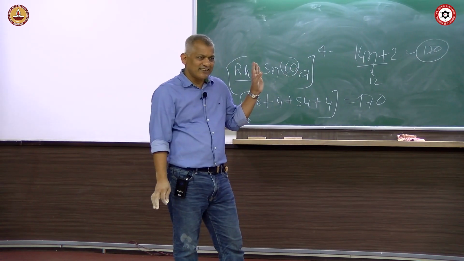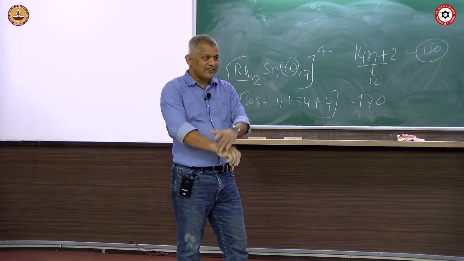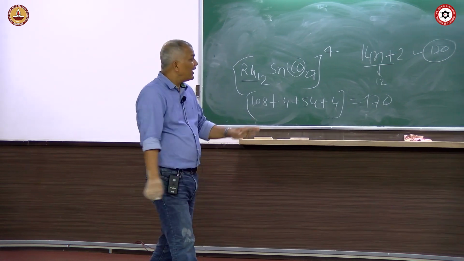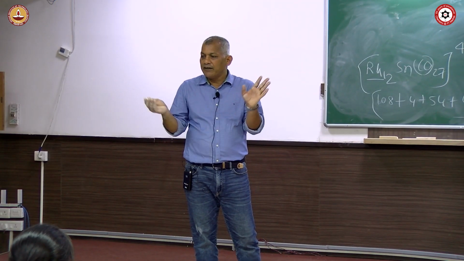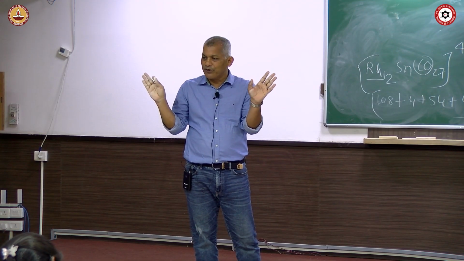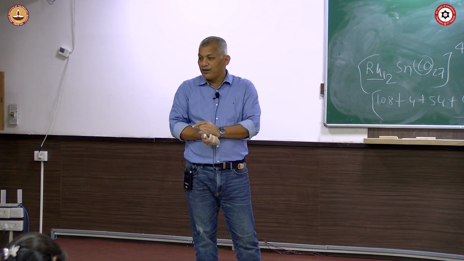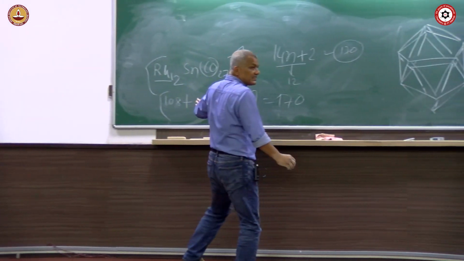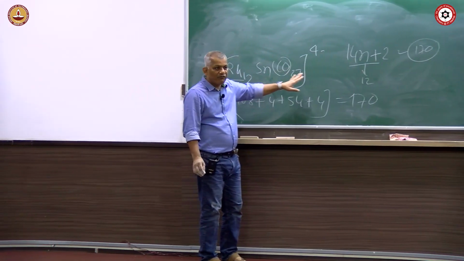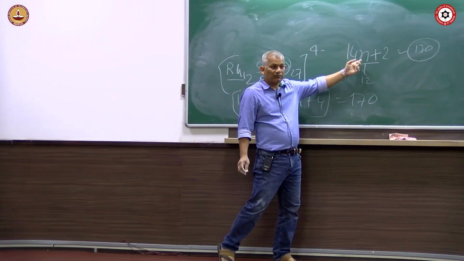I am doing it for last 30 years. So I can understand, probably if you practice you can do that. But this is one of the most symmetrical geometries. If anybody is interested in boron chemistry, this is B12, icosahedral geometry, and in this case this geometry also fits because this is 14n plus 2.